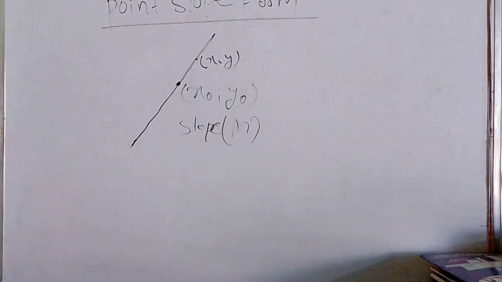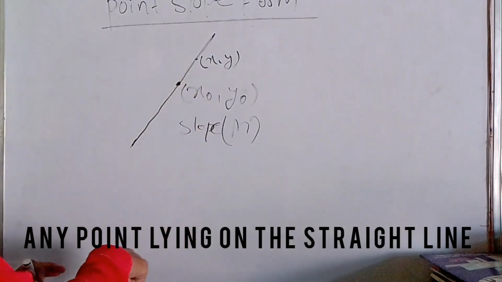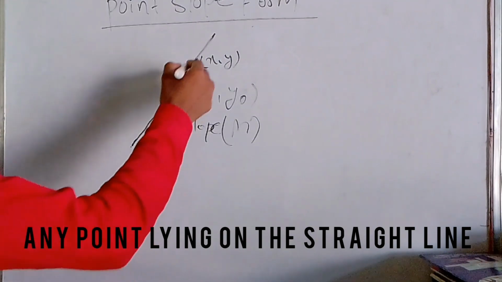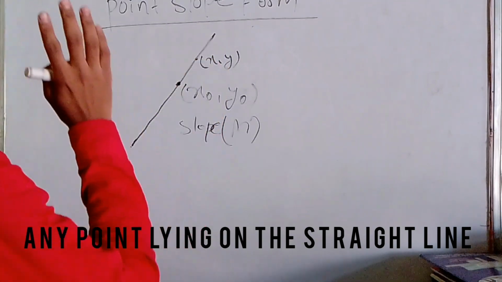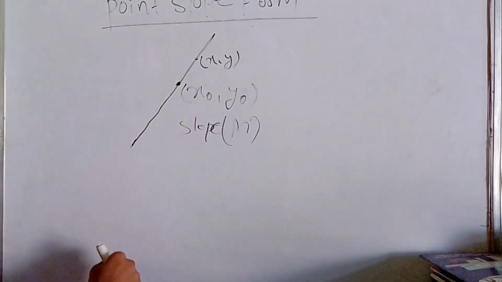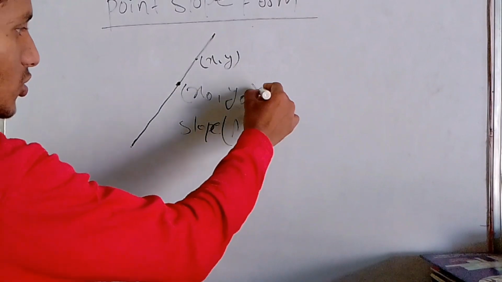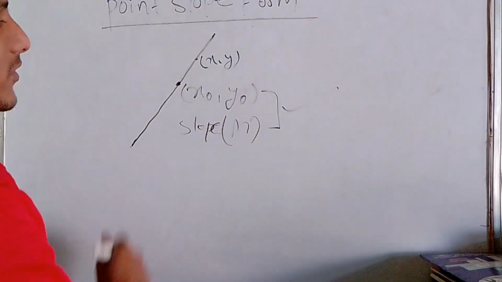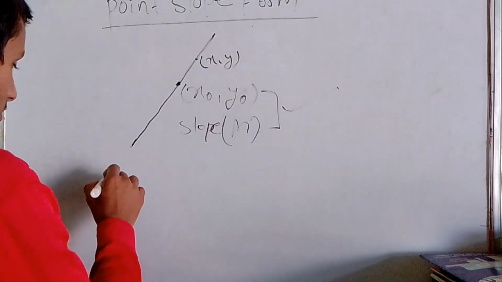This represents any point; it's true for any point. When the equation is ready for (x, y), you can plug in any point and see that the equation is satisfied. So we've taken (x, y) as the variable, this is the point that is known, and we know the slope. These two ingredients are the input, and (x, y) is just for deriving the equation.